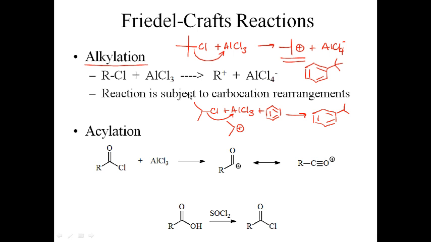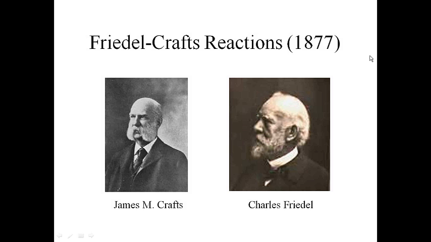But the reaction is subject to carbocation rearrangements, and this is primarily with primary alkyl halides. So let me go back here and show you what happens in this reaction. You can actually do the reaction of methyl chloride, ethyl chloride.